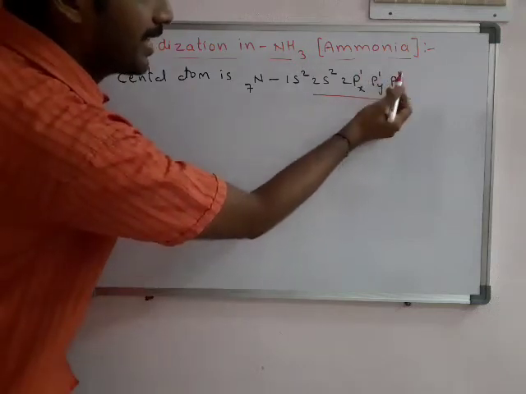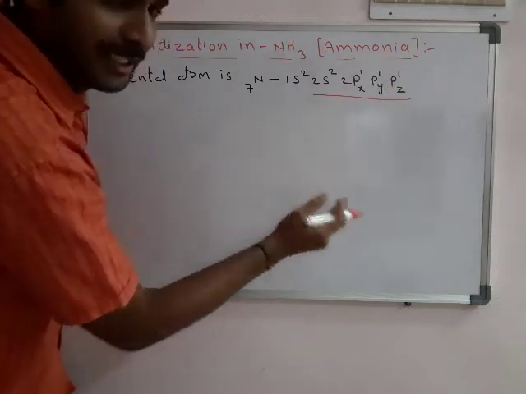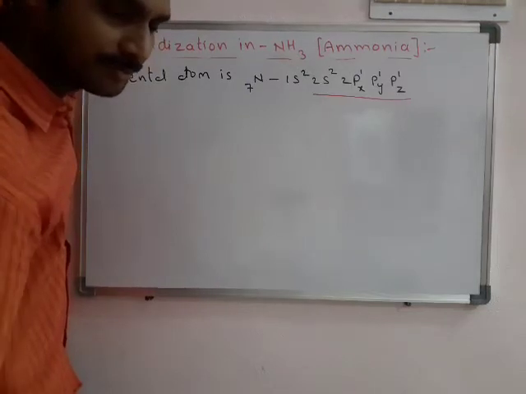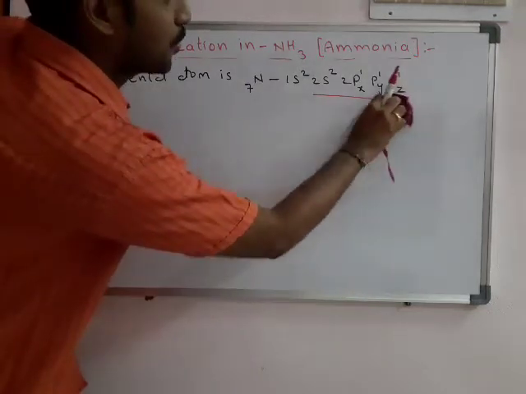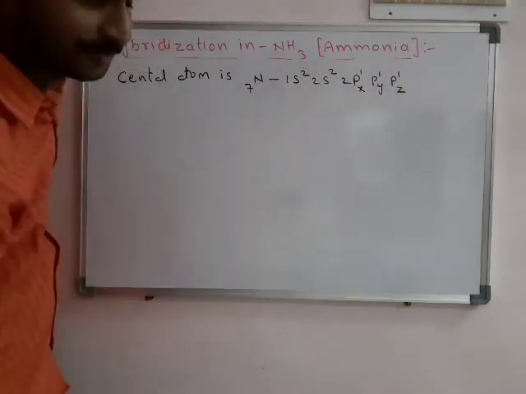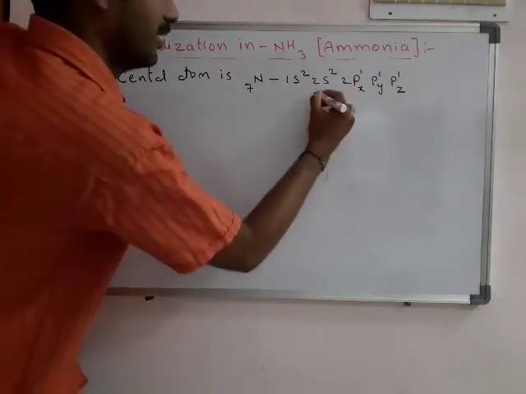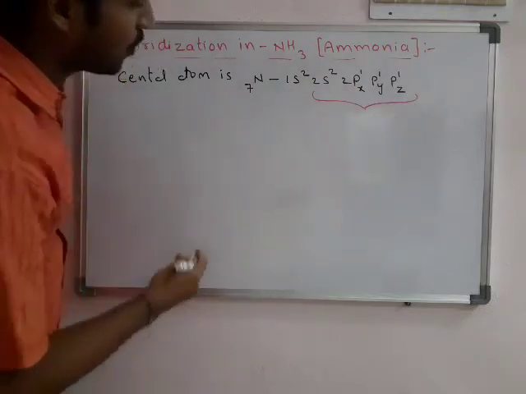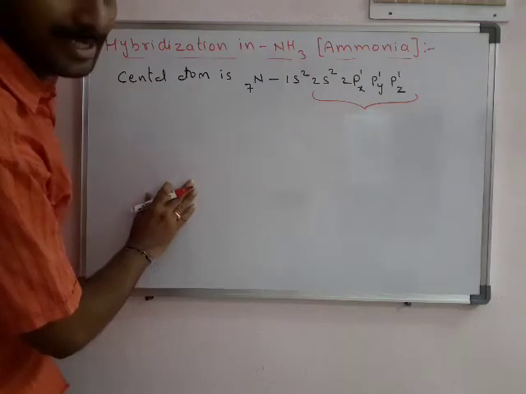There are only 3 unpaired electrons, so there is no need for nitrogen to go into excitation. So at this position, it undergoes sp3 hybridization.